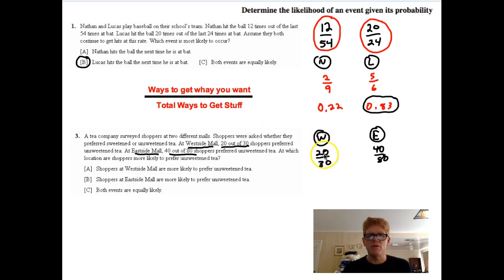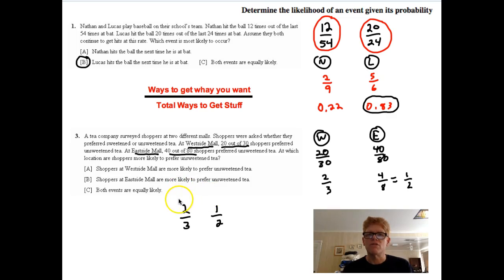Again, ways to get what we want, people choosing unsweetened tea, over the total ways to get things. Now, we can quickly simplify these fractions because they're based on 10, and we can divide by 10 on both top and bottom and get 2/3 or 4/8. And 4/8 simplifies to 1/2. Now, 2/3 and 1/2, which one is more likely to happen?